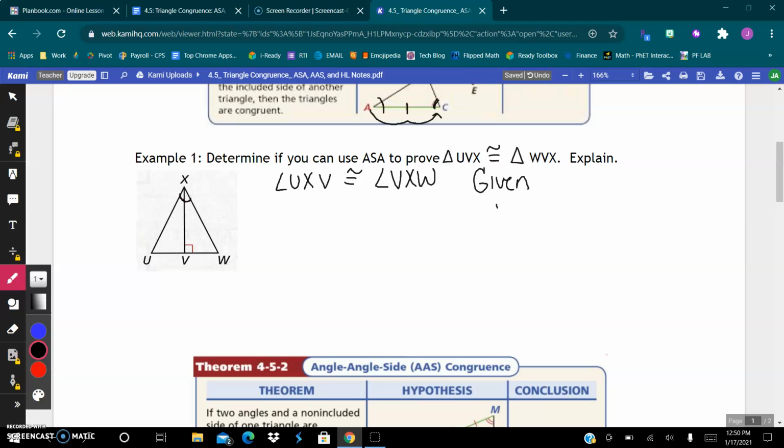We also know that angle WVX is a 90-degree angle, and it is forming a straight line with the angle over here. So angle WVX is congruent to angle UVX. Those two angles are a linear pair.